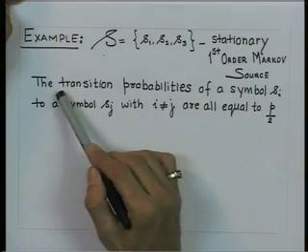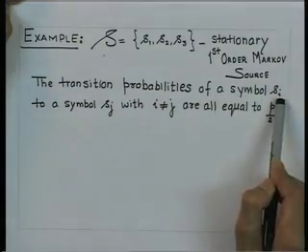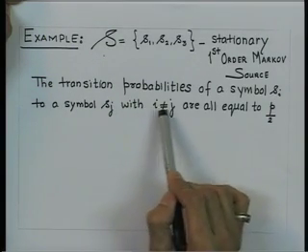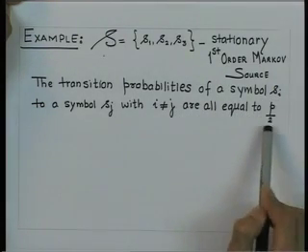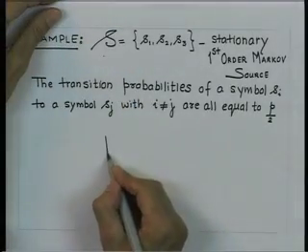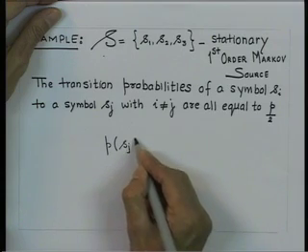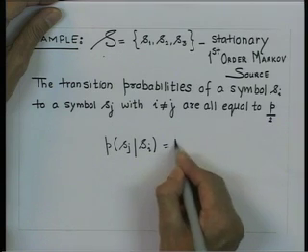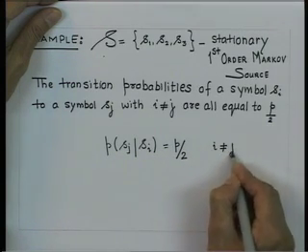It has been given to me that the transition probabilities of a symbol Si to a symbol Sj with i not equal to j are all equal to p by 2. P is a variable. So what it means is that probability of Sj given Si is equal to p by 2 for i not equal to j.